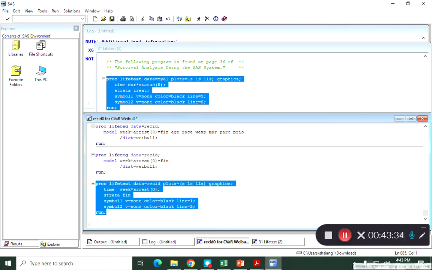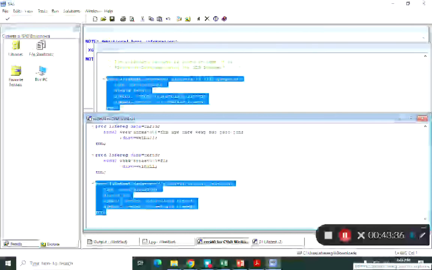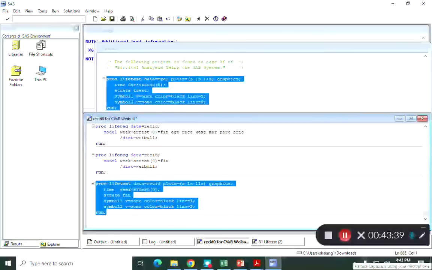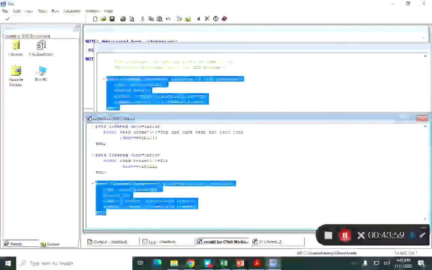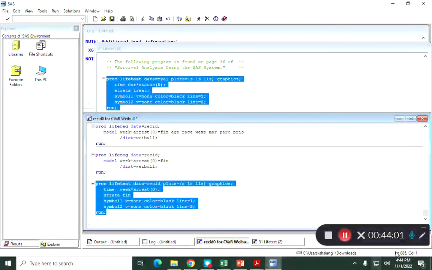This is something I introduced last week, right? Lifetest. What does that one do for you? It investigates the step function. Does it come down faster using the log rank test? With finance or without finance, do the inmates on parole get arrested faster? Agree? Can you see this function is due to you?